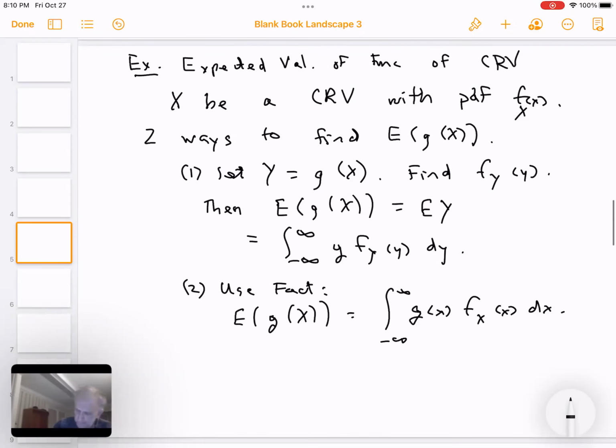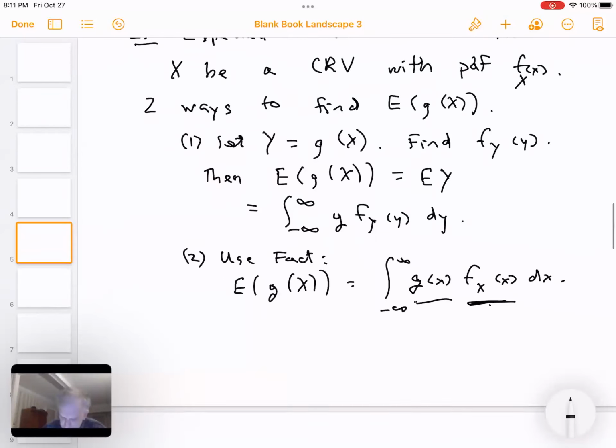In other words, I am running across X, looking at the density, and instead of weighting just the identity function, just X, I weight g of X. Very natural, very analogous to the discrete case. We're going to use two, I think, exclusively, unless we have the density lying around, then we might use one.